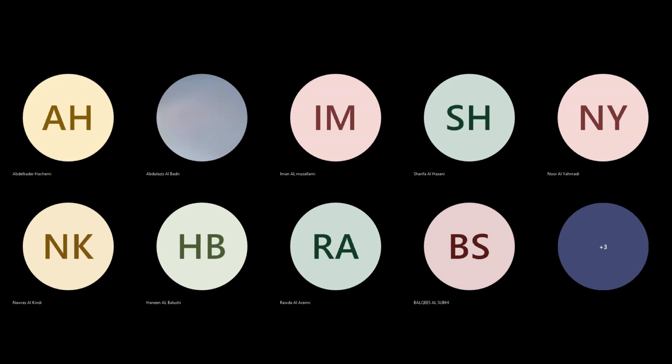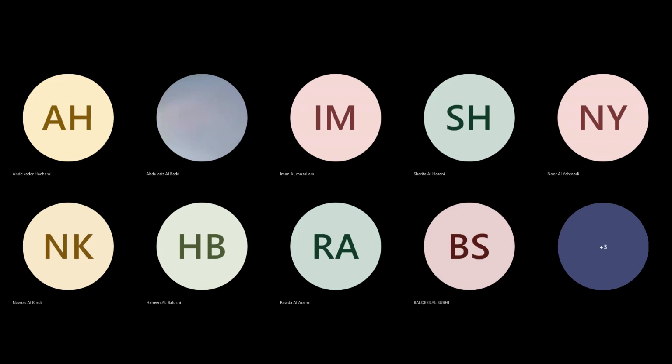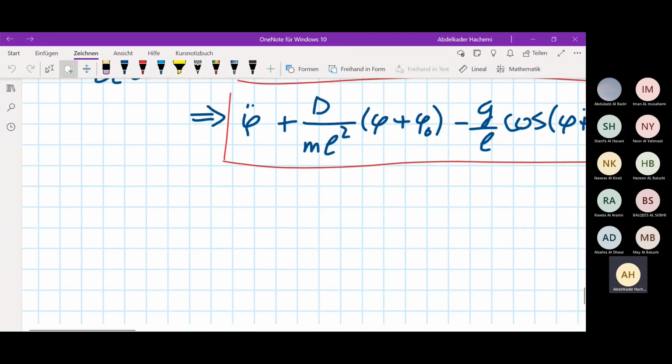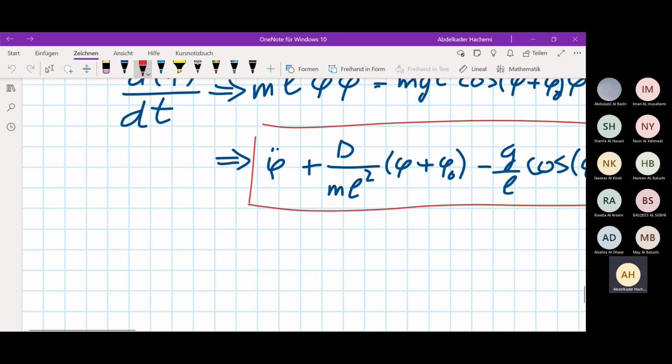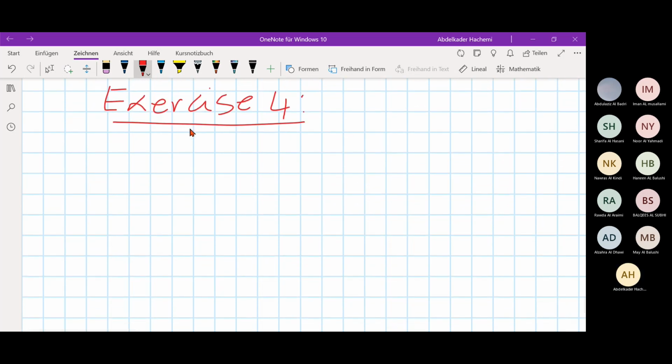One moment. Okay, here, as I said, we go directly to exercise 4.